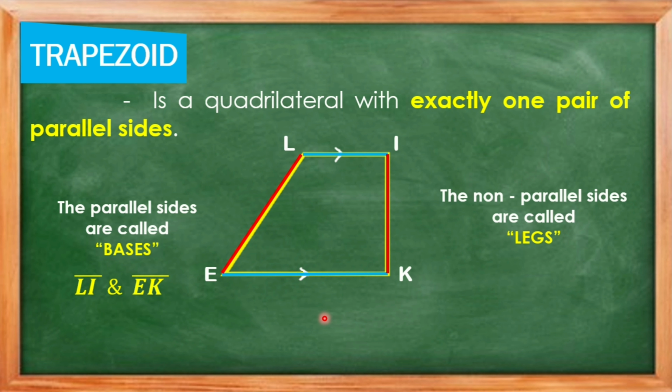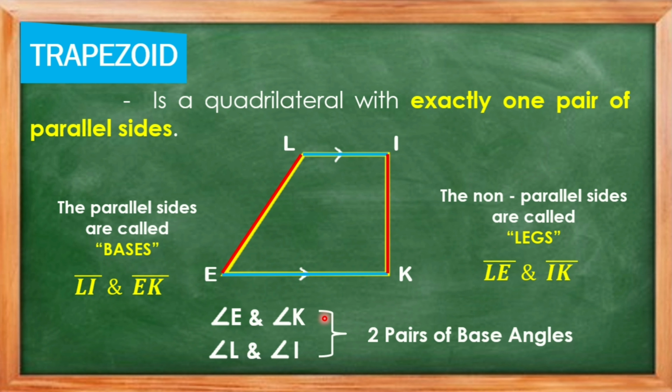In this figure, we have leg LE and leg IK. Another term aside sa bases at legs, meron tayong tinatawag na pairs of base angles. So we have two pairs of base angles. In this figure, we have angle E and angle K, angle L and angle I.